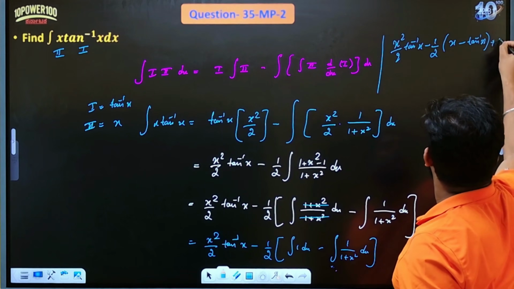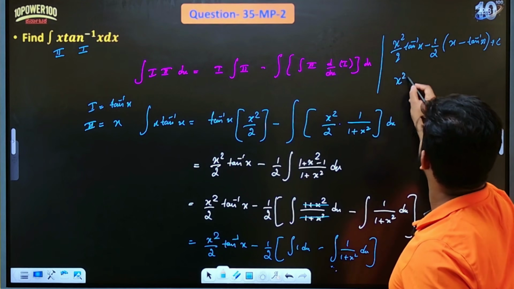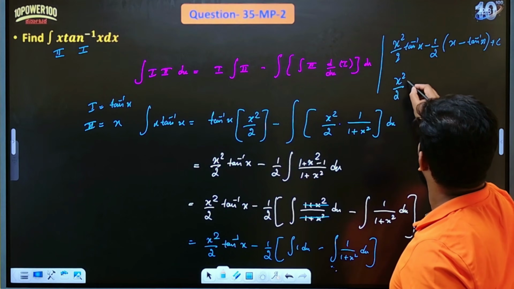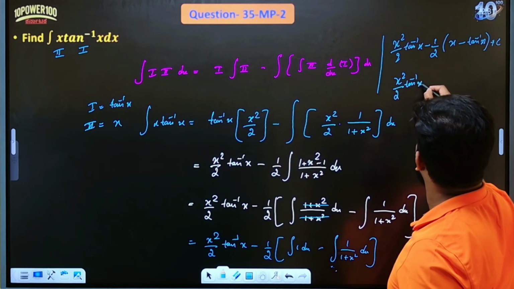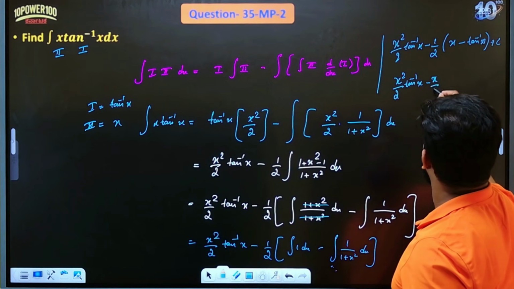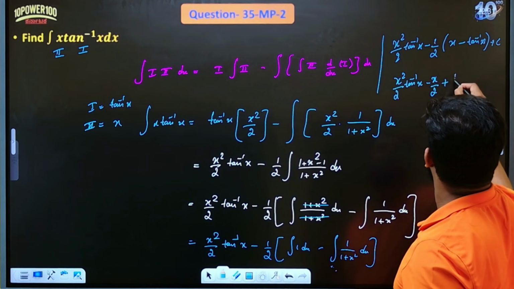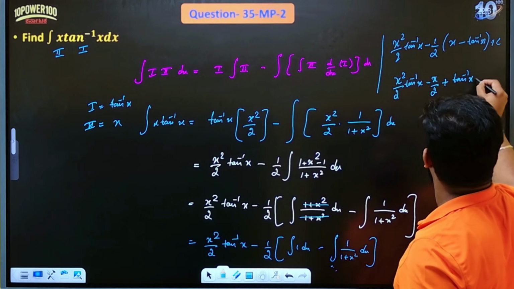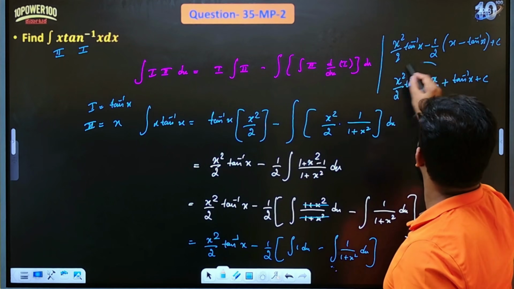Plus c. So if I rewrite this answer, x square by 2 tan inverse x minus x by 2 plus. So this is the final answer, children.